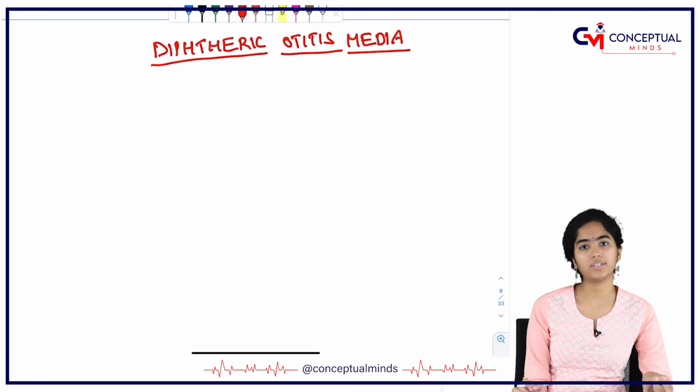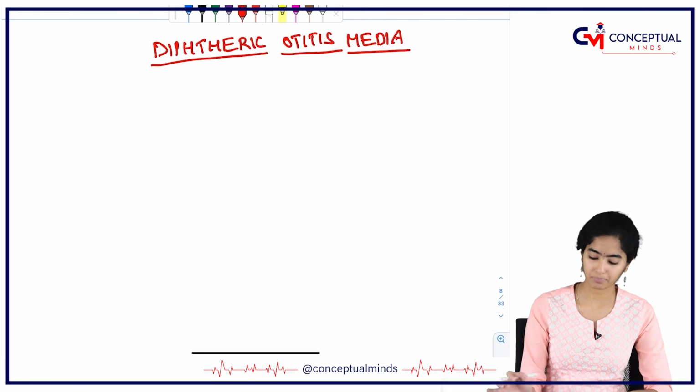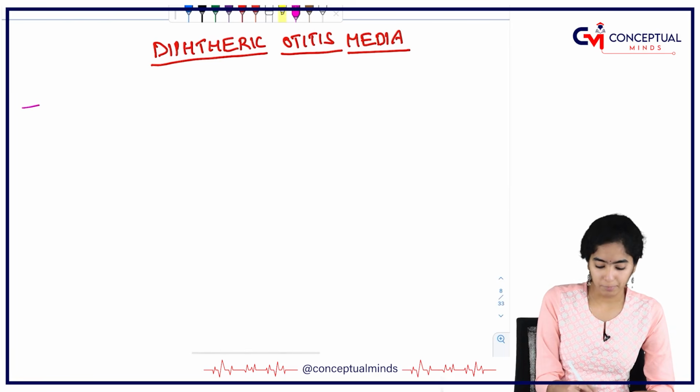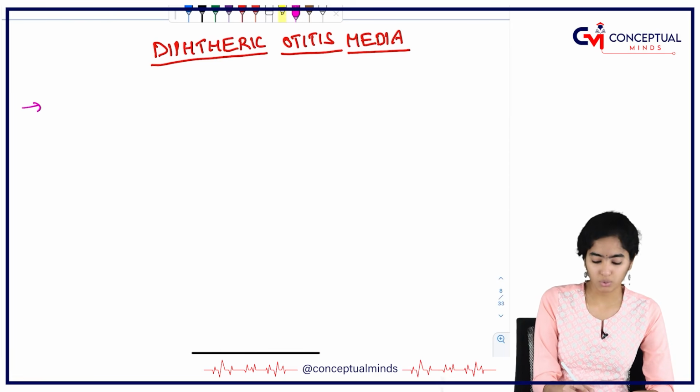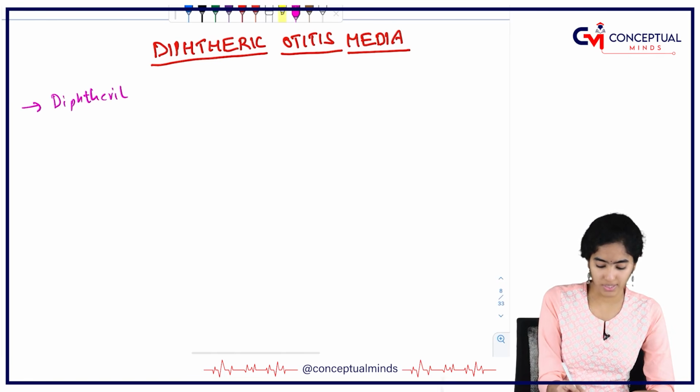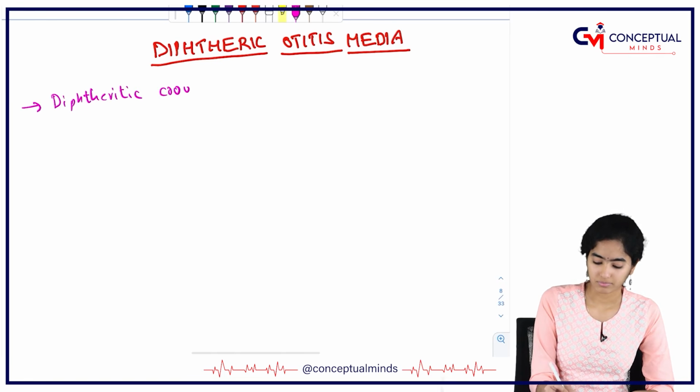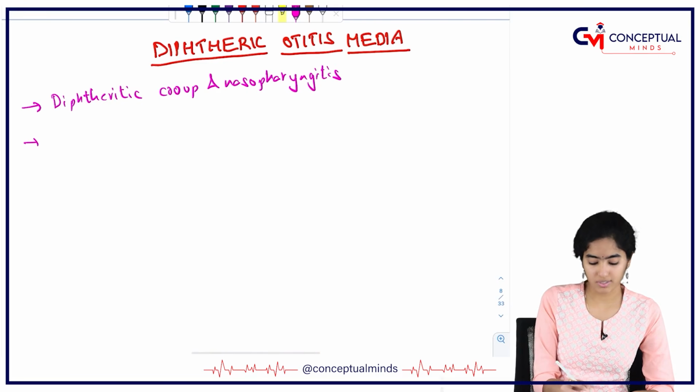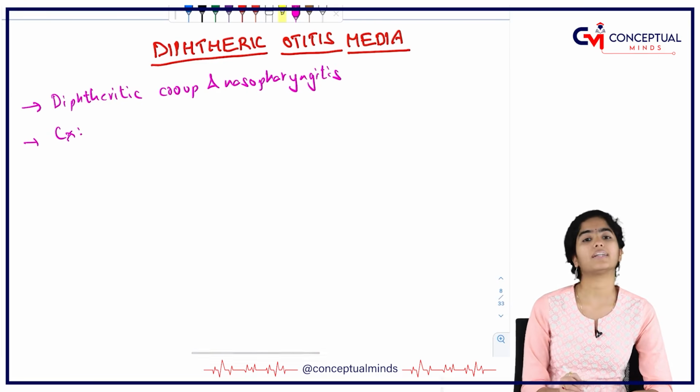That is the problem with diphtheritic otitis media. It may accompany the diphtheric croup and nasopharyngitis. Along with that only, this usually occurs. It is the complications that are important and problematic.